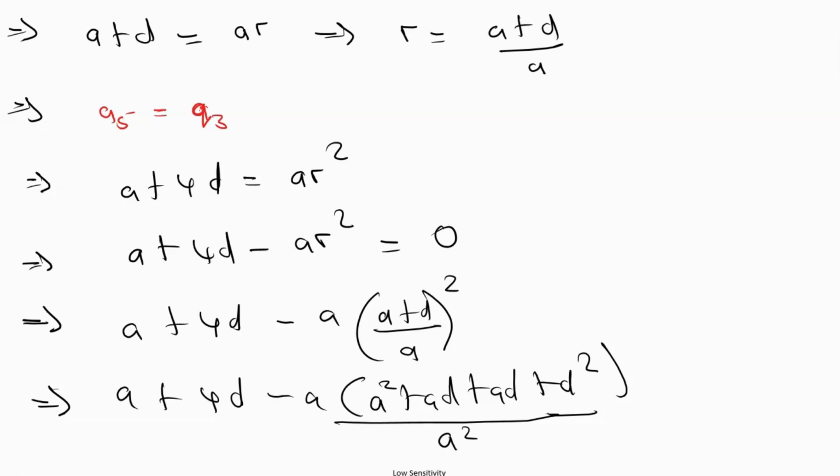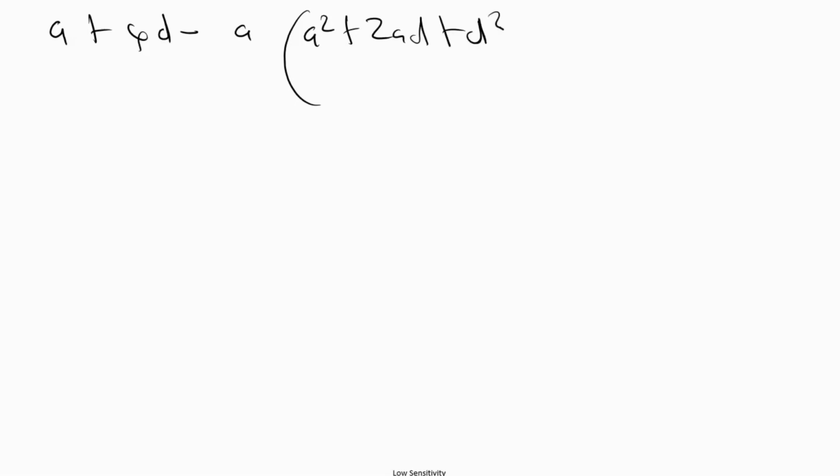So what do we end up with? We have (a plus 4d minus a) multiplied by (a squared plus 2ad plus d squared) all over a squared. So this a will cancel this, and we just have a here. This equals 0.